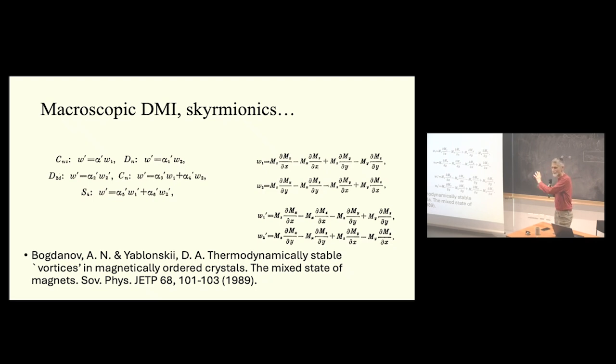So the same sort of analogous continuous Dzyaloshinskii-Moriya interactions, which induce skyrmions in phenomenological theories, are also possible in ferroelectrics. Of course, the question is how big they are, etc. But the symmetry conditions are the same.